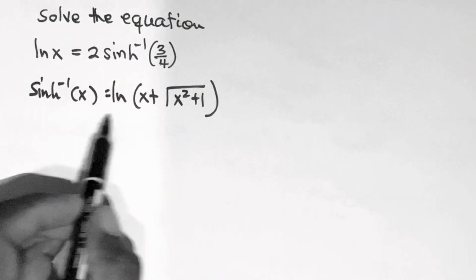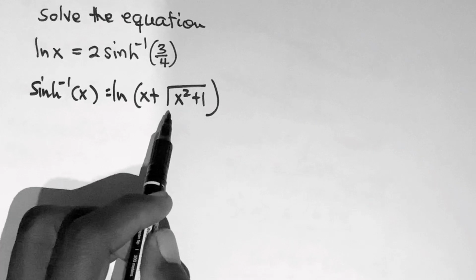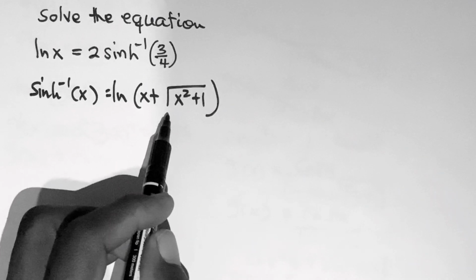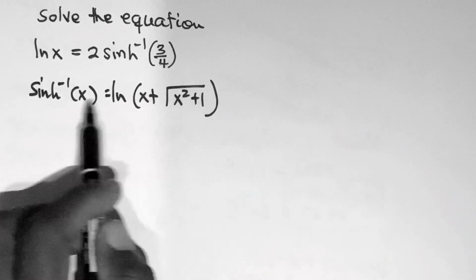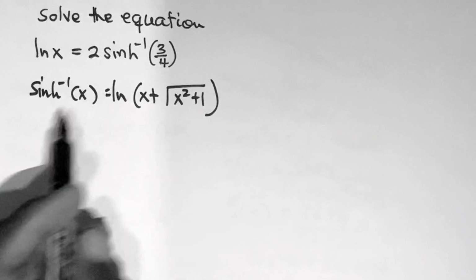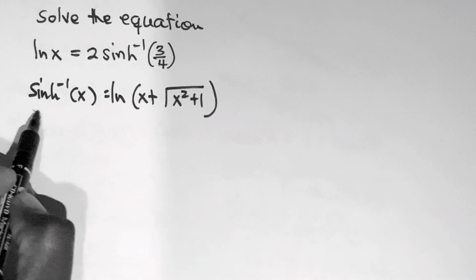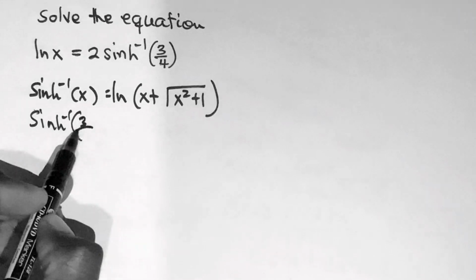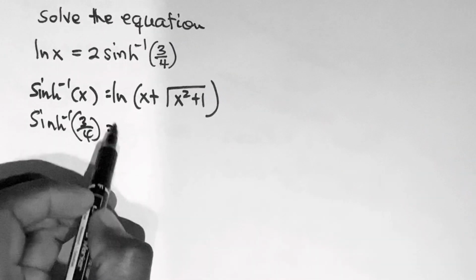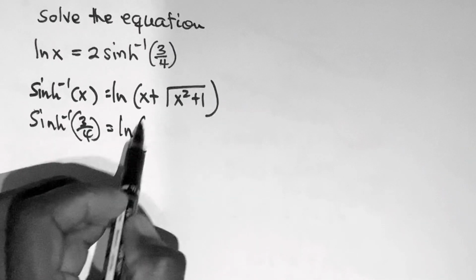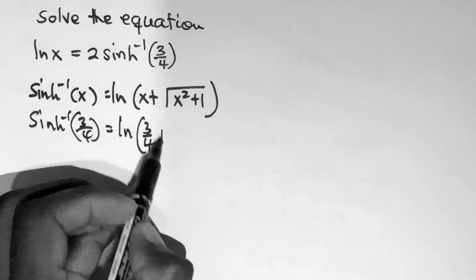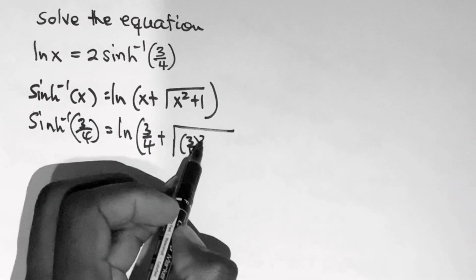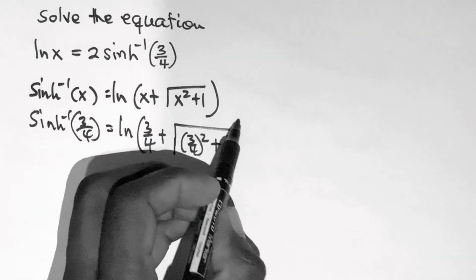Now, this I have proved in a previous video about the derivatives of hyperbolic functions, so you can go back and watch that video. So now, this implies that sine inverse of 3 over 4 is going to be equal to natural log of 3 over 4 plus square root of 3 over 4 squared plus 1.